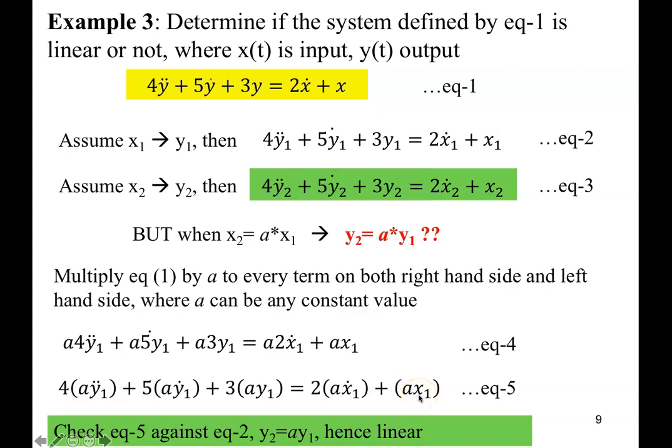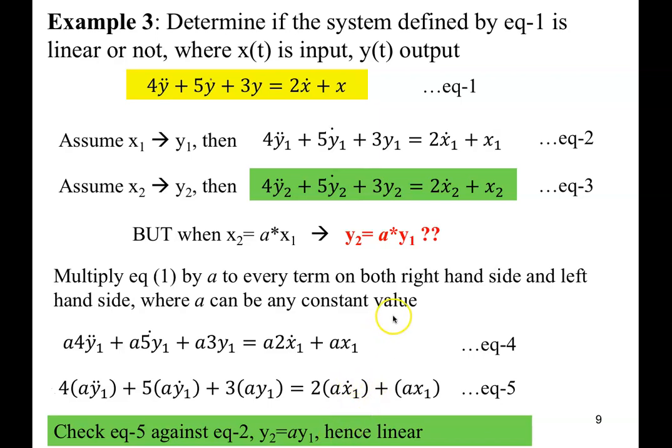So my checking is to check equation number 3 against equation number 5. Remember, every single term has to match. I'm going to start from the right-hand side. x2 equals a x1, so that matches. 2 times x2 dot equals 2 times a x1 dot, since x2 equals a x1, therefore x2 dot equals a x1 dot.